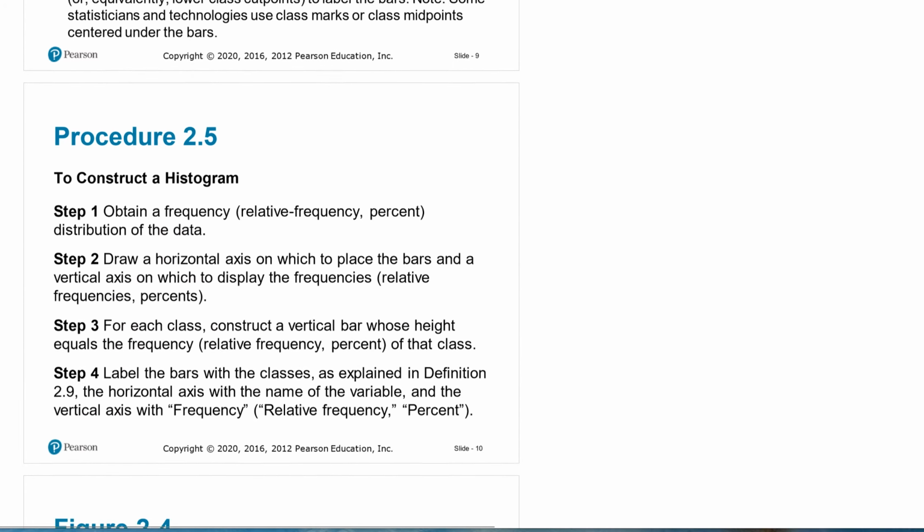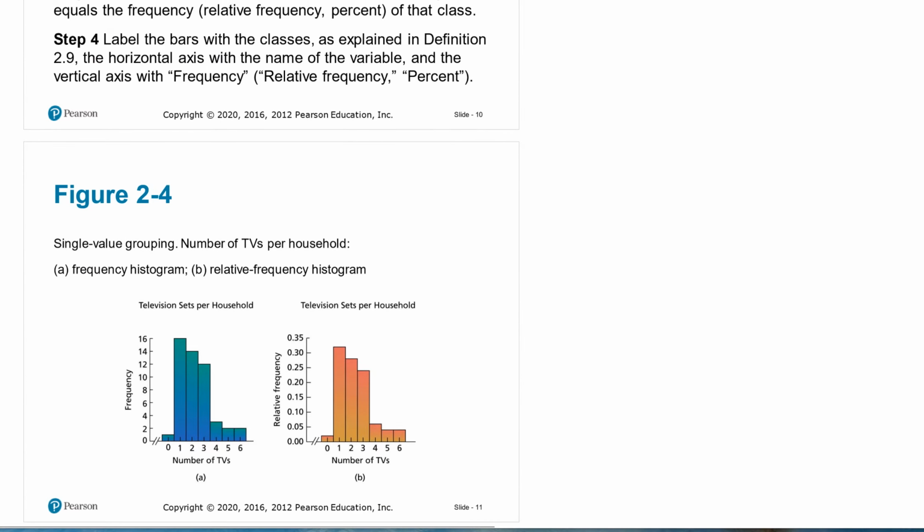So let's see how to construct a frequency or relative frequency histogram, or histograms in general. If you look back at the TV example, people answered from 0 to 6 TVs. Some people said I have no TV, like 0. Some said up to 6 TVs in their household.